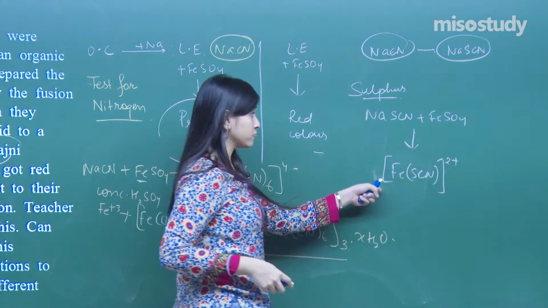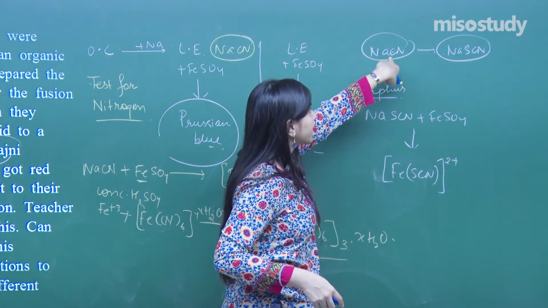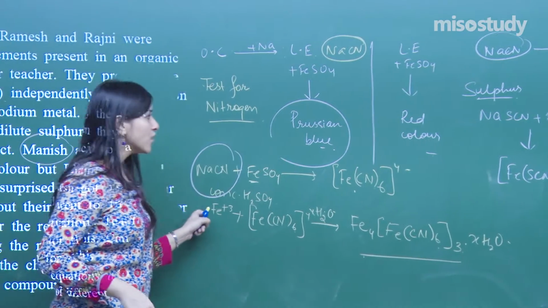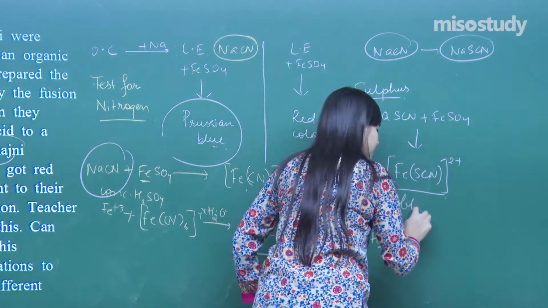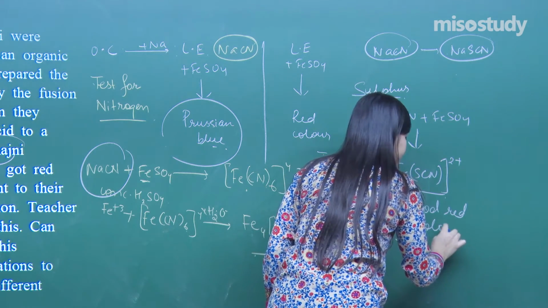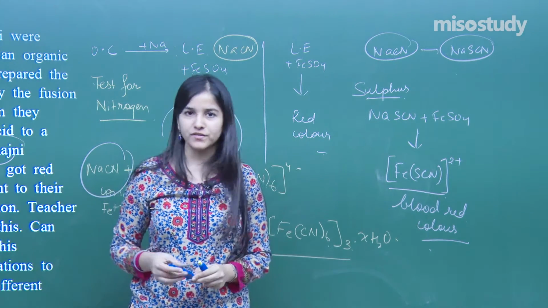We get this compound formed, right? Because the sulfur has hindered, instead of NaCN we are formed with NaSCN, which has formed this blood red colored compound, and due to which there were different observations in both of the cases.